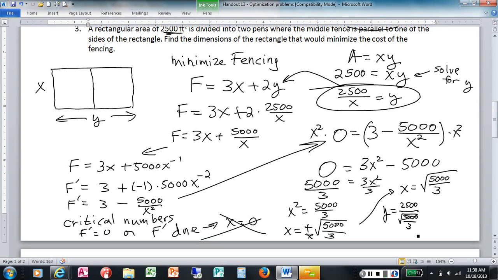Now, you can get decimal forms of those. But let me show you one thing real quick here. If I clean this up a little bit, let's multiply the, so that's one form of the answer.